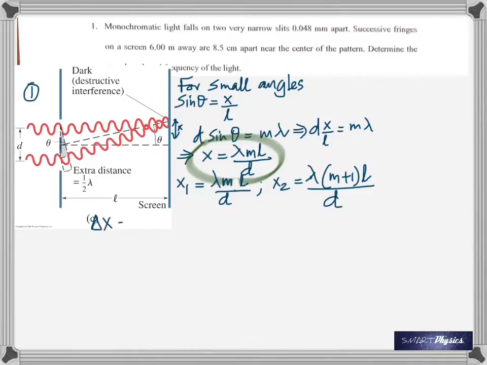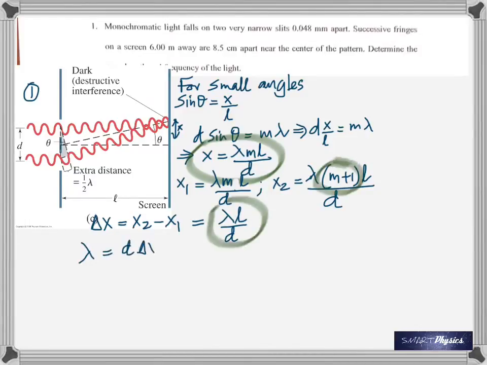But now if you take the difference between them, x2 minus x1, you get lambda L by d, and make lambda the subject. You get d delta x by L. And you have all the terms now, because what's given as 8.5 centimeter is actually delta x.